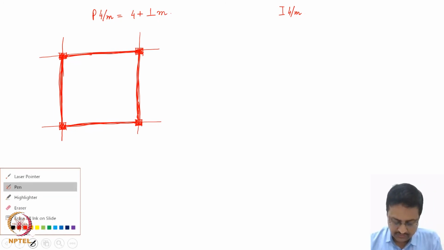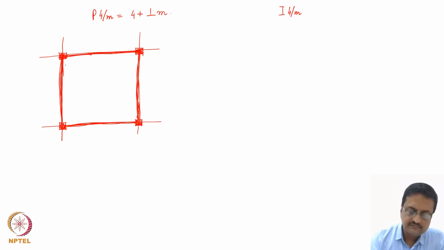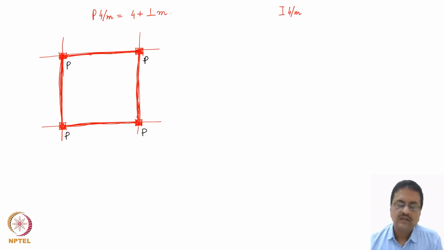So now if I try to draw the objects, when I say this is plus, which means above the plane of projection, then I draw the 4 with this plus. It is nothing but similar to P4.